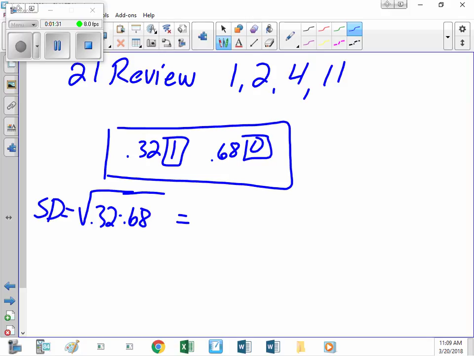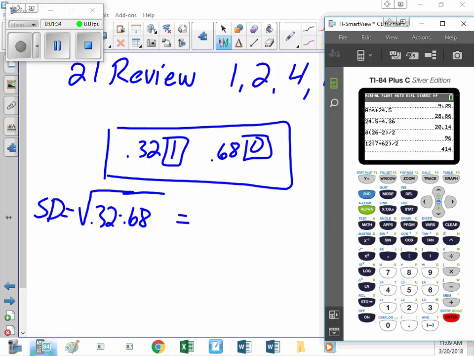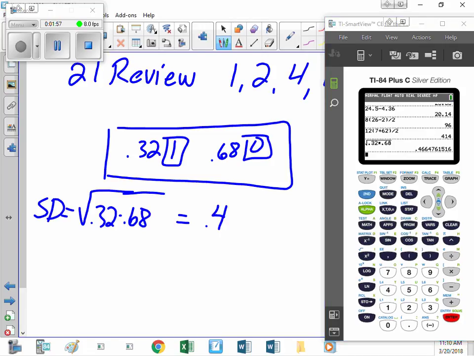That doesn't sound right to me. Times 0.68. It might be 0.466. Yeah, if they're close to 50%, in the 45, 44 range, it's always going to be 0.499, but we're quite a ways from that. So 0.466.